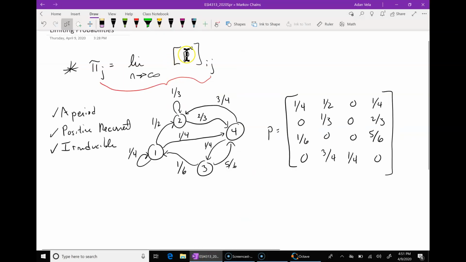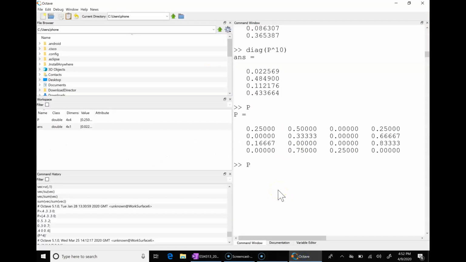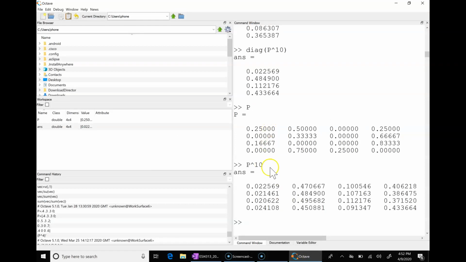This equation says we're going to take P to some very large number, going to infinity. That tells us this matrix isn't going to blow up to infinity and it shouldn't go to 0. It's in fact going to converge to a number. So let's watch that happen. We have P to the 1. We can type in P to the 10th. Let's type in P to the 20.